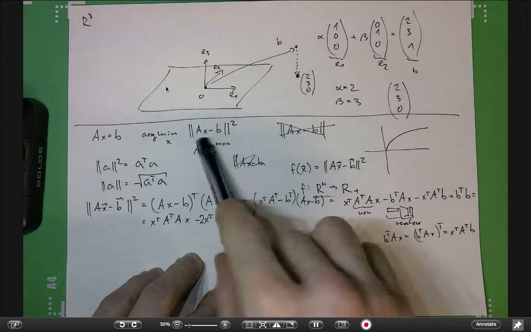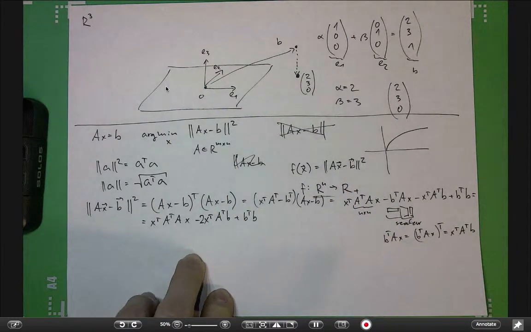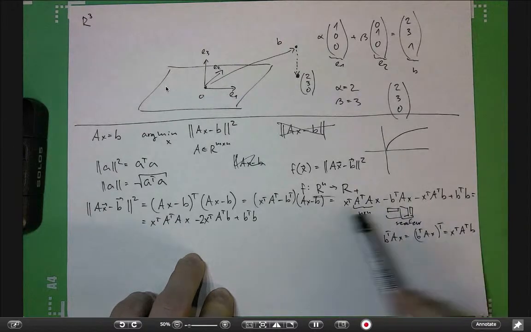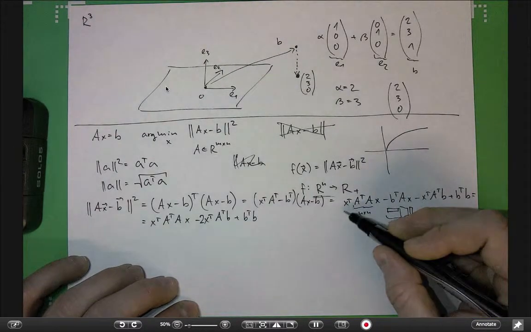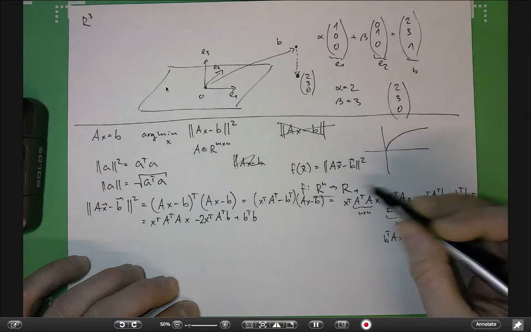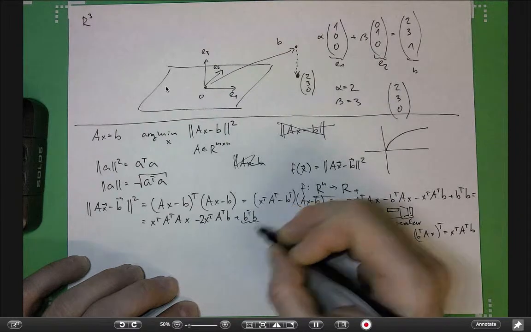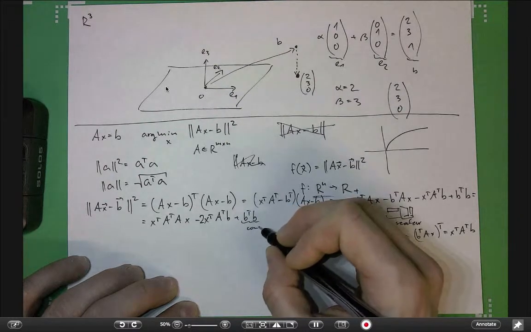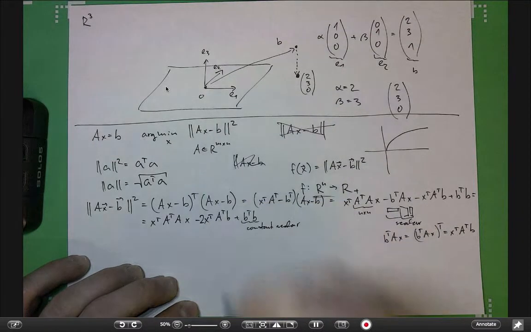Otherwise, the dimensions would not make sense. And you can verify that all this works. All these items here are just scalars. In particular, this b^T b is a constant scalar. It doesn't depend on x, right?